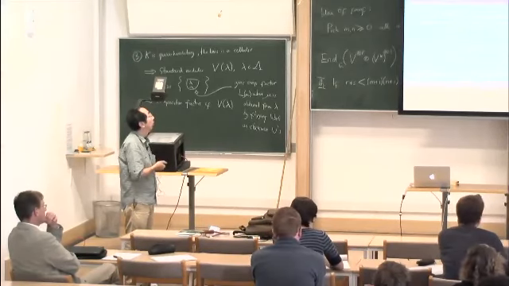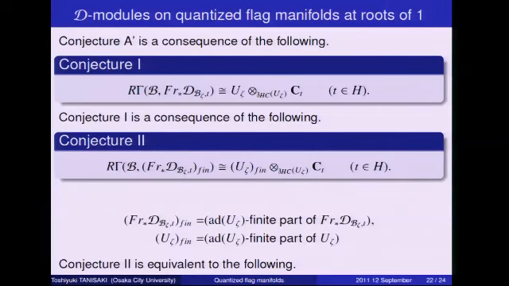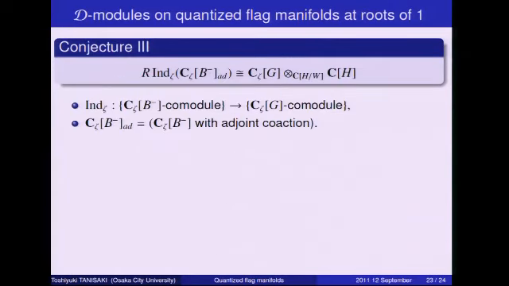Also, the second conjecture is equivalent to the following. Conjecture 3. We can consider the induction functor from the category of C zeta B minus comodules to the category of C zeta G comodules.